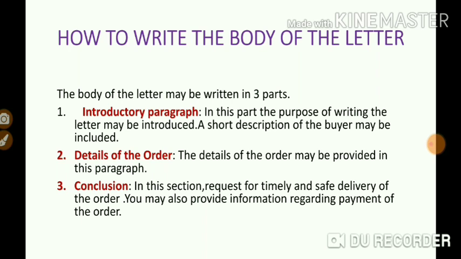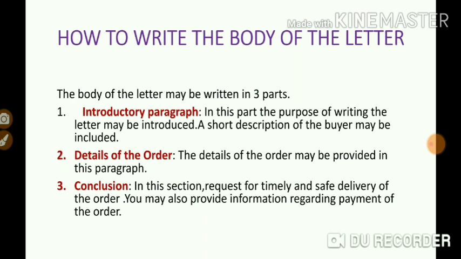The second paragraph, what should be written in the second paragraph of the body? The second paragraph of the body in a letter to place an order must contain the details of the order. Whatever you want to purchase or procure from that particular shop or from that particular firm has to be clearly mentioned. Preferably make a table and there you mention which particular item is required by you.